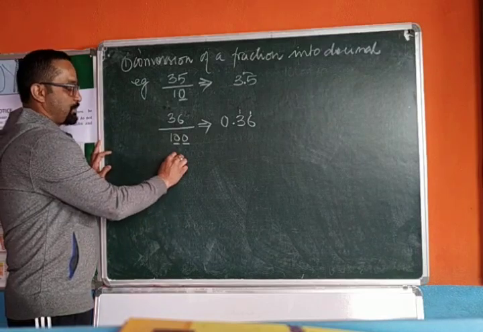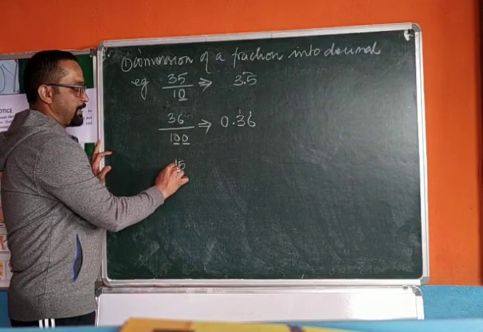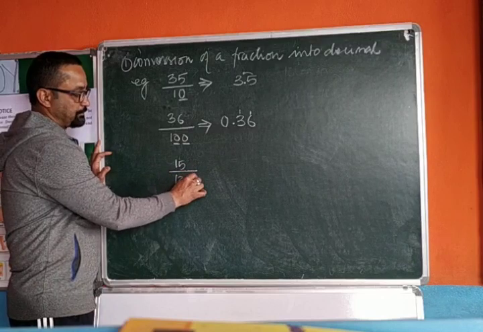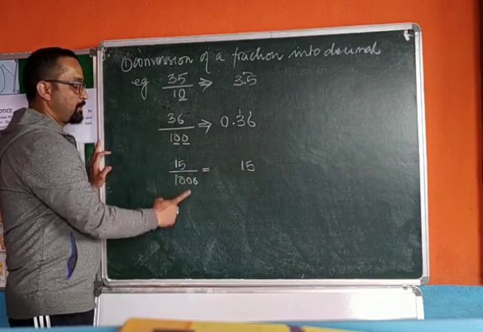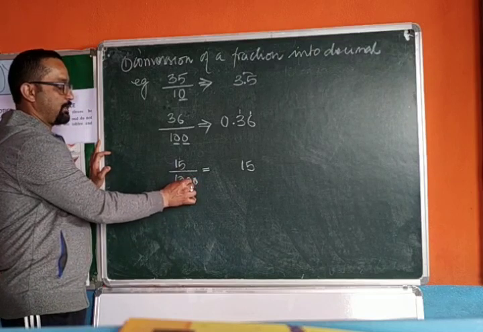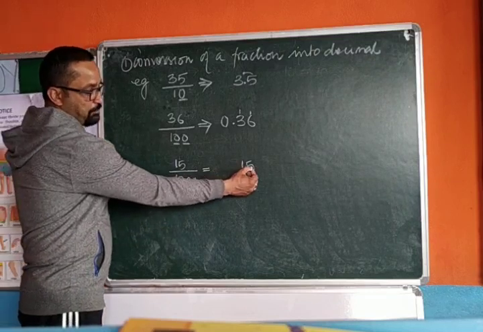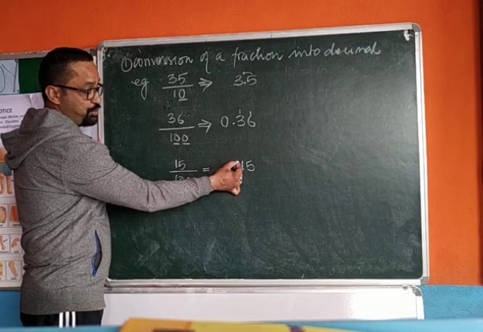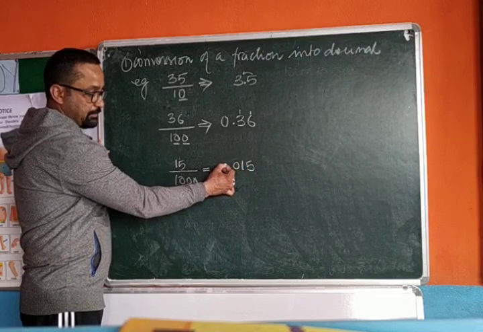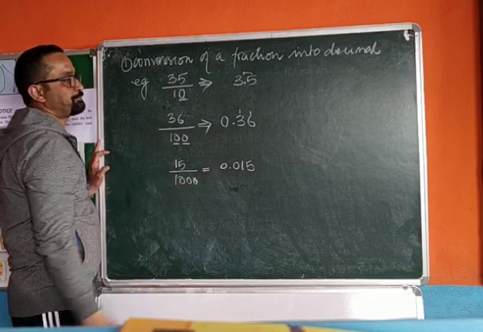Third example, suppose you have 15 divides by 1000. You write 15, count number of zeros, 1, 2, 3, 1 place, 2 place, then you don't have any place, so you need to put 0, then decimal and 0.